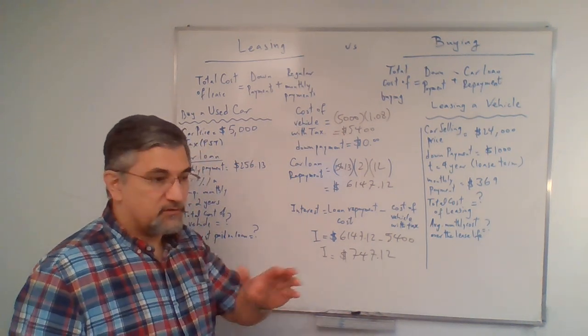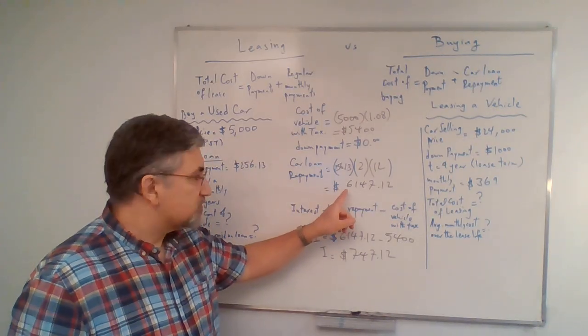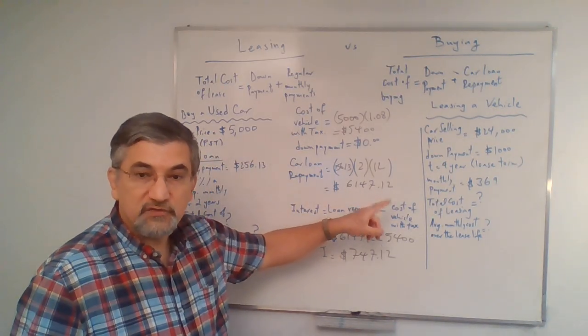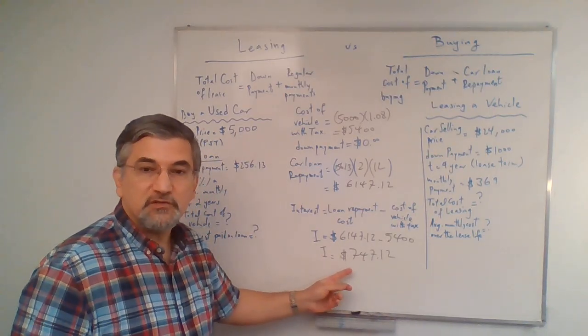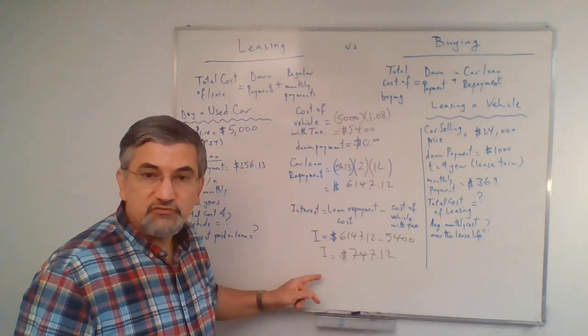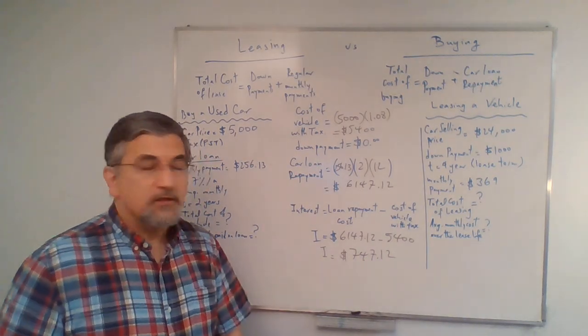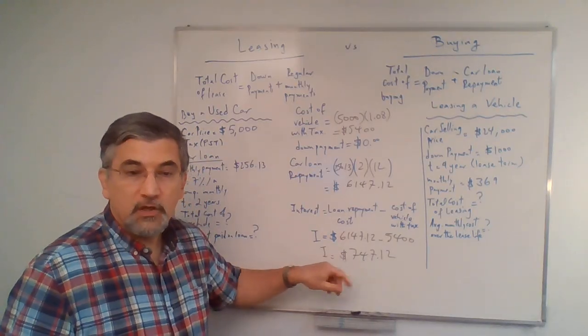And today that you finished your car loan, let's say, and you ended up paying $6,147.12, when you look back, you see that you paid an extra amount to the bank, and that is $747.12, which is called the interest. And this car cost you this much more. Who made the money?